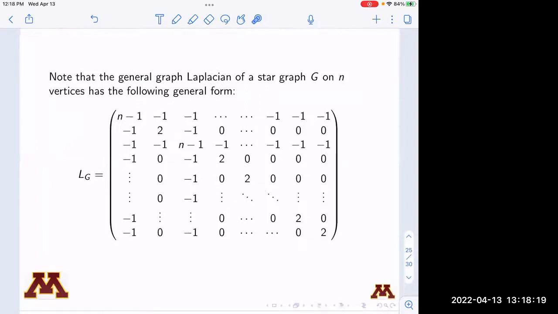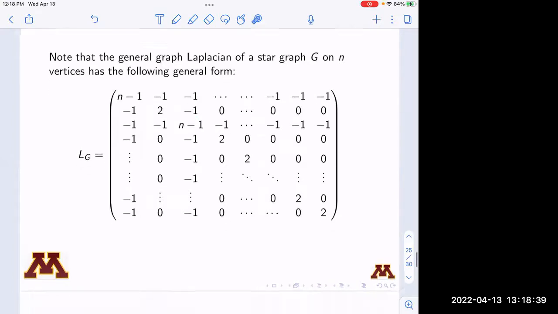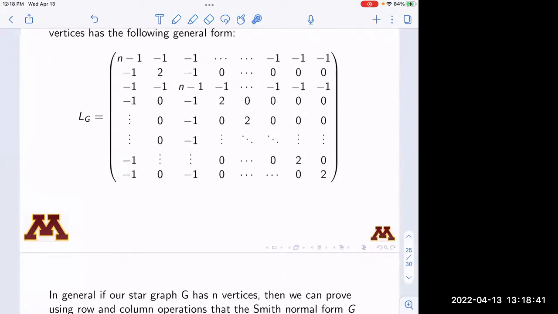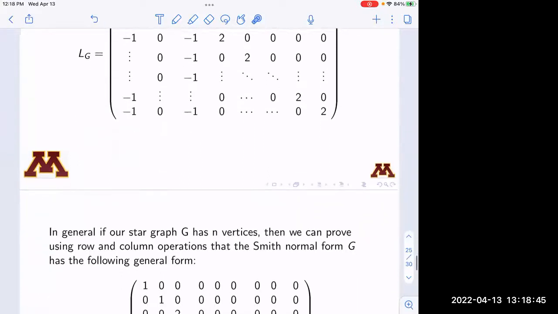So we have that the first vertex has n-1 neighbors, the third has n-1 neighbors. And then we have 2s along the diagonal besides the entries corresponding to vertex 1 and 2, and the other adjacencies denoted by the -1s.